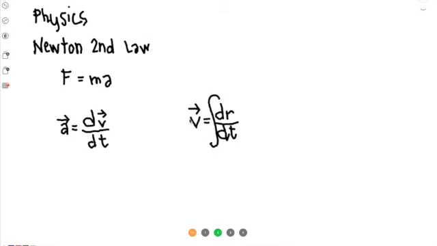So you can imagine if I give you the equation or the function for the distance, and I ask you to compute for the acceleration, so what will you do? How many times will you integrate the function?